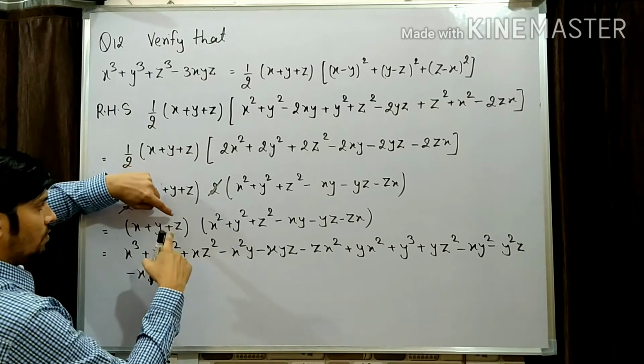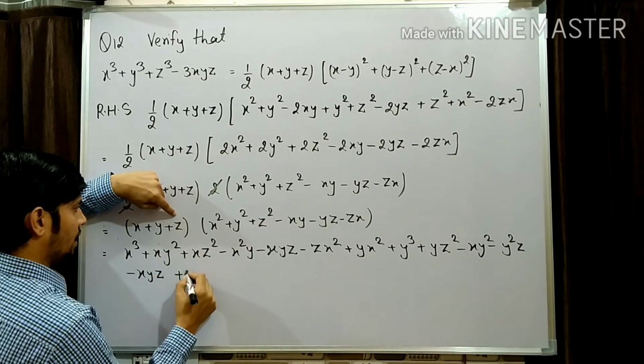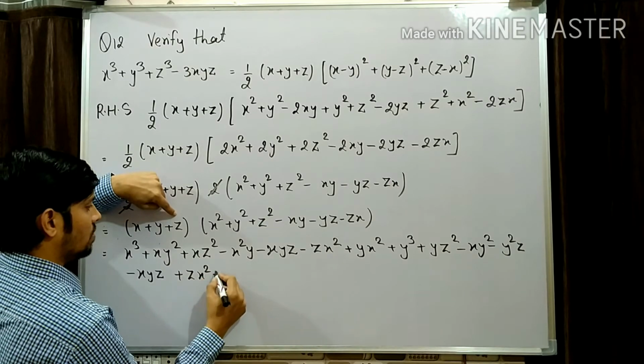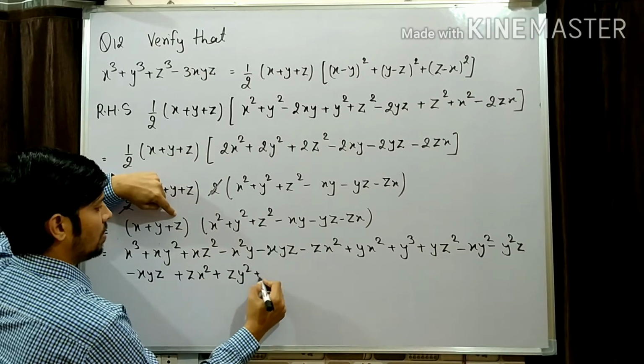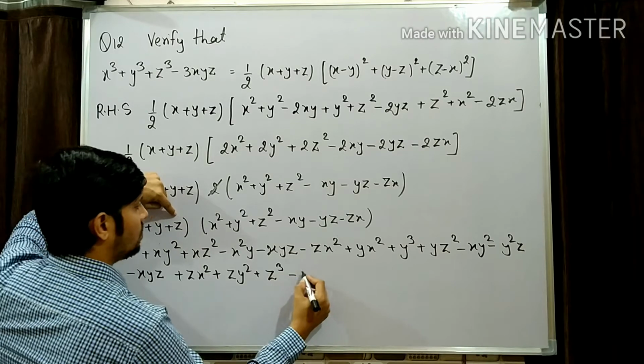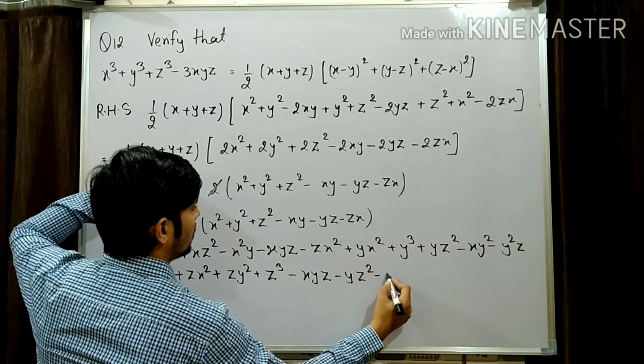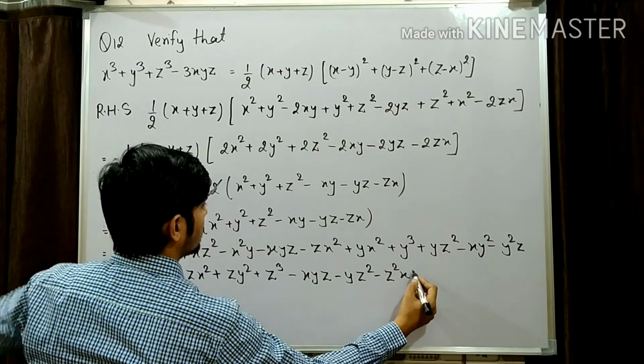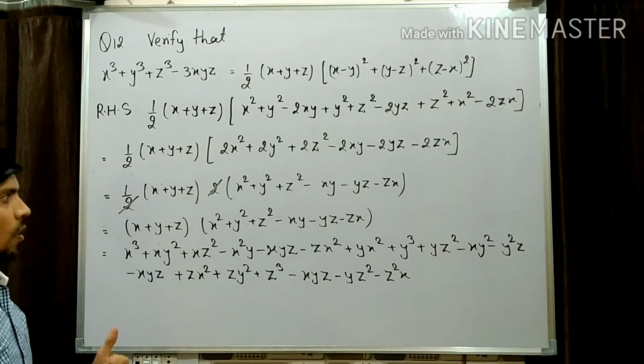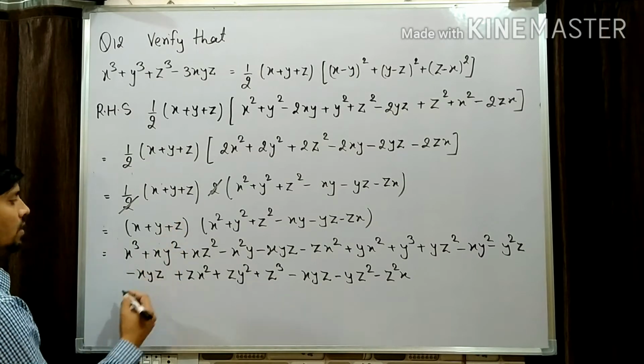Similarly, we will multiply all the terms by z. This is zx square, this is zy square, z cube, minus xyz, minus yz square, minus z square x. Here I have multiplied all the terms by x, y and z.